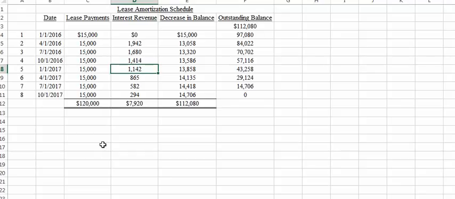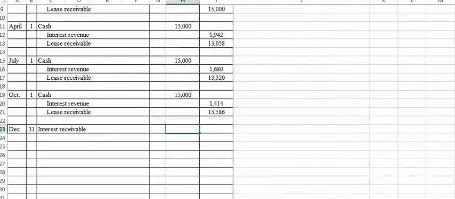So that's how much they've earned by the end of 2016 between October 1st and December 31st. So $1,142 to debit to interest receivable. And they earned it in 2016, so we want it included in the interest revenue account in 2016. That's why we're making this adjusting entry. It gets all of our assets recorded on the books as far as interest goes associated with this lease, and it records the revenue in the proper period.